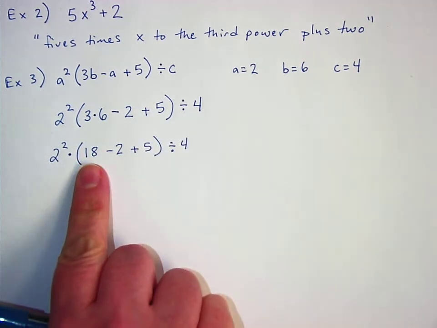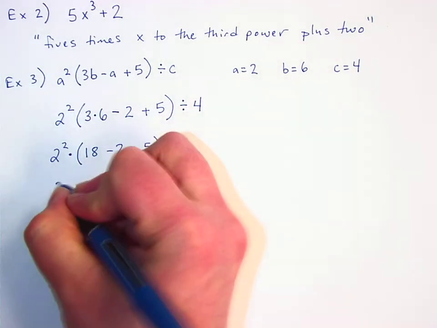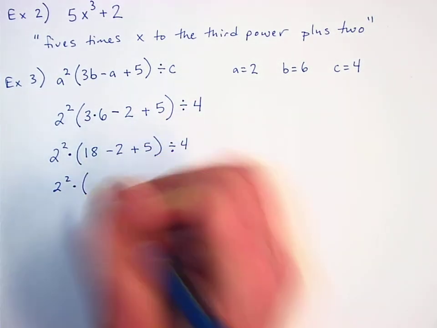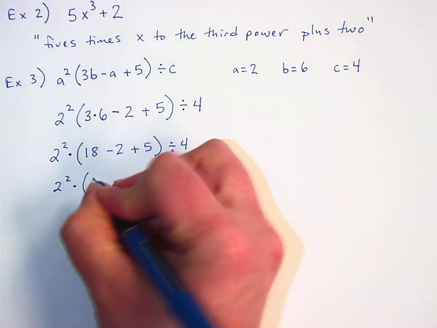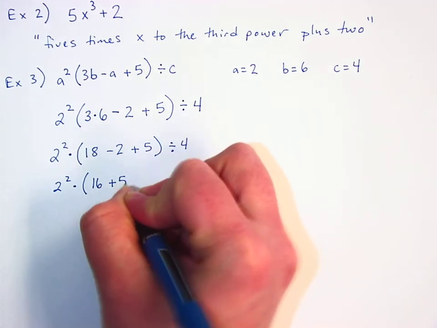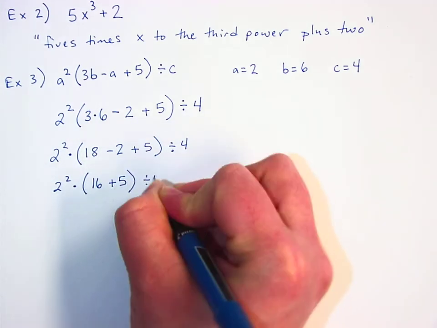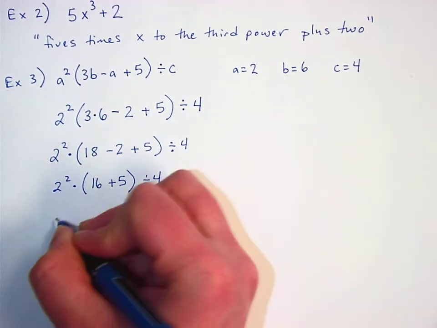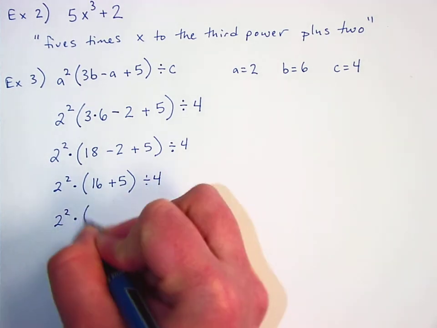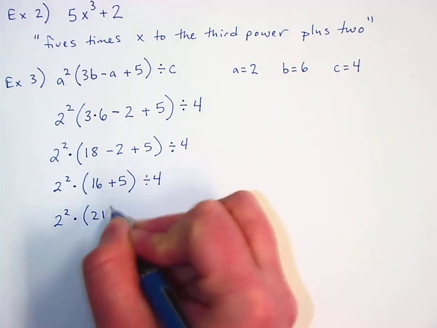And now I'm going to go left to right, subtracting and adding. 18 minus 2 is 16. 16 plus 5 is 21.